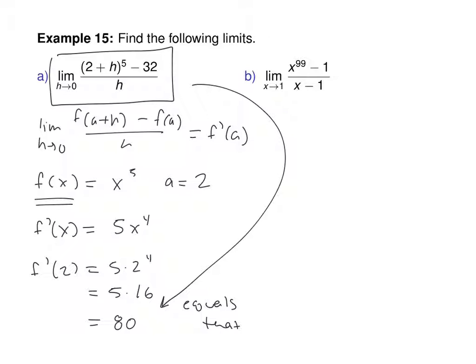Okay. Part B is the same thing, but it is that other definition that said f prime of a was the limit as x goes to a, f of x minus f of a. That's the one that we did first, but didn't really use much. Does that ring a bell? So what is the function in example B?